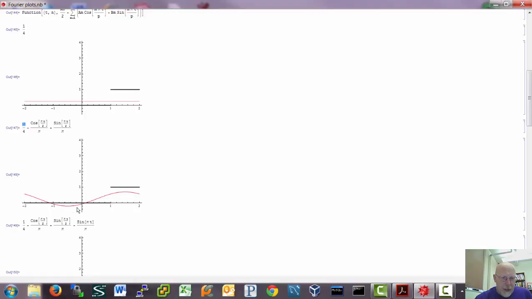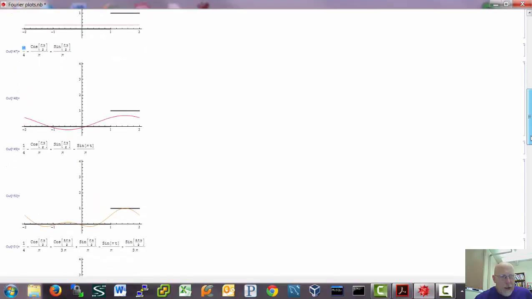And this function then is starting to bend to look a little bit more like this, but obviously we have this huge wavy part here that doesn't really look flat, but we can see that we sort of bent up here to get to this peak instead of being flat. So this is what happens when you throw in the very first frequency of cosine and sine. You get a very rough approximation for the original function.